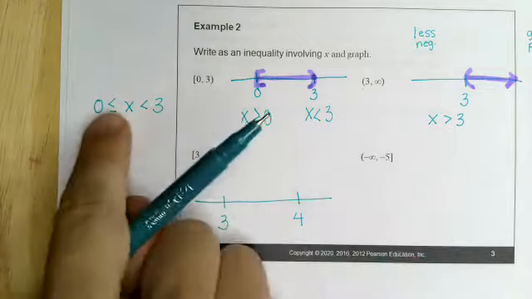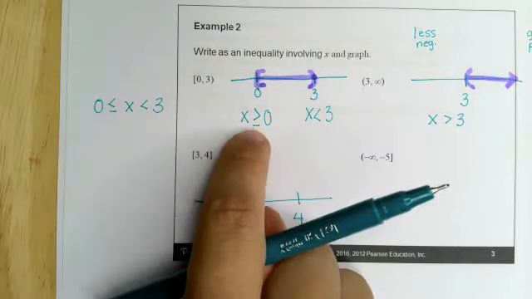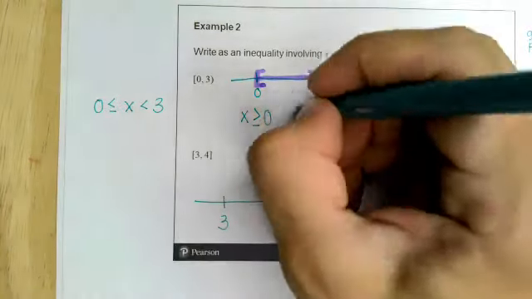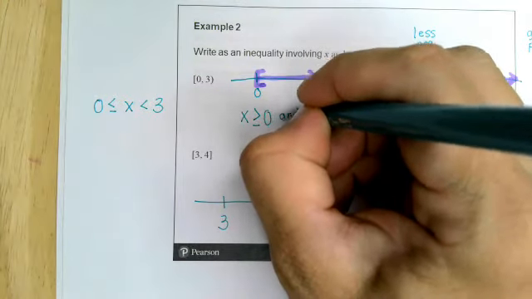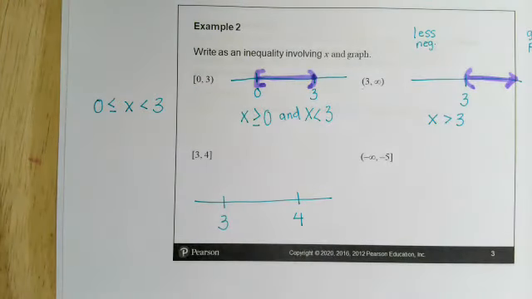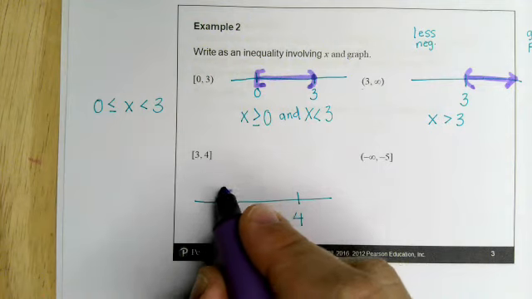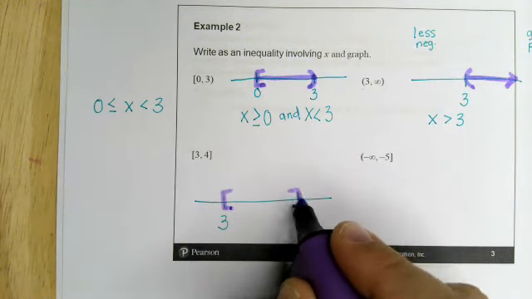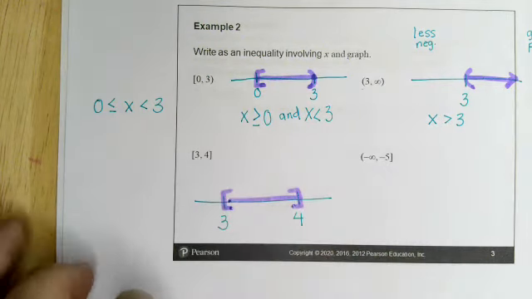Between 3 and 4. You could either make a compound inequality or think about what X is for each one. A bracket like this, a bracket like this, connect them, right?